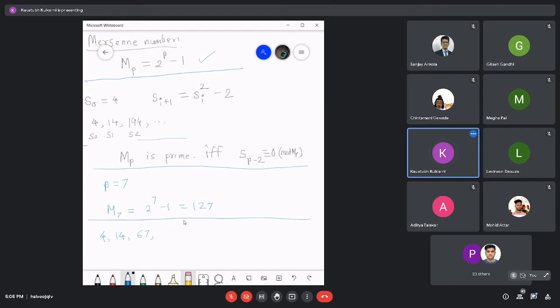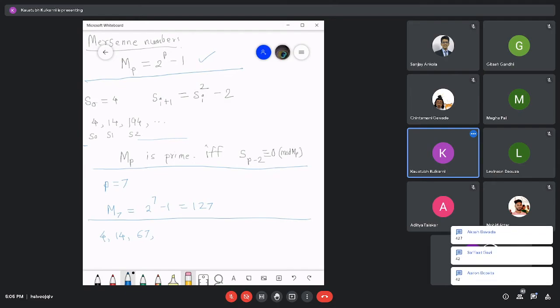Calculate the next term: 67 square minus 2 mod 127. Yes, 42. 42 is correct.